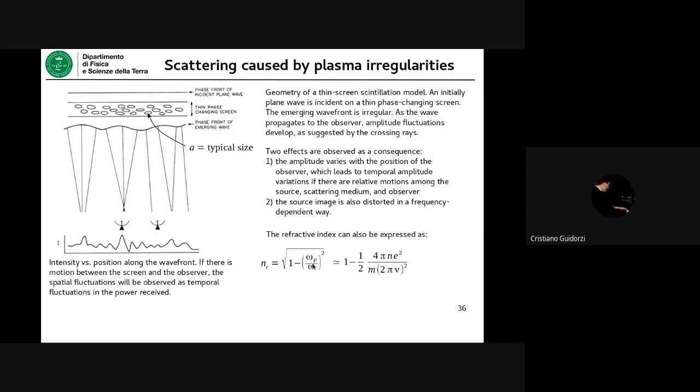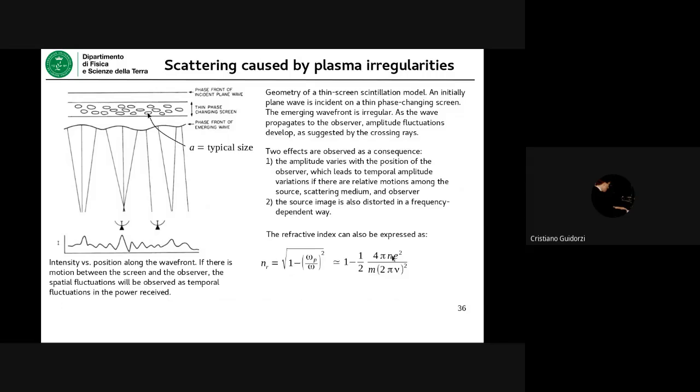Let's also remind ourselves of the plasma frequency: the plasma frequency squared is 4 pi n e squared over m, where all these constants just refer to the electron, because that's the particle which has the most favorable ratio between electric charge and mass.